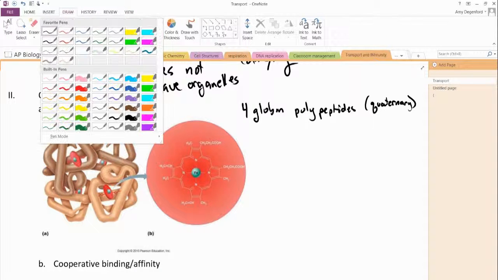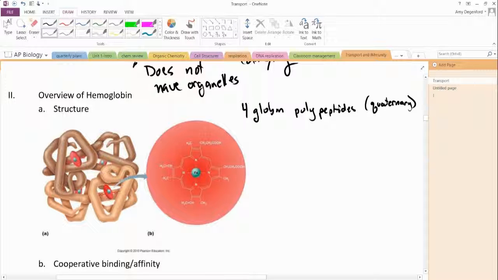And the globin structures, each one contains a heme group. Now we have two alpha, that's alpha, A-L-P-H-A. We have two alpha proteins and we have two beta globin molecules.